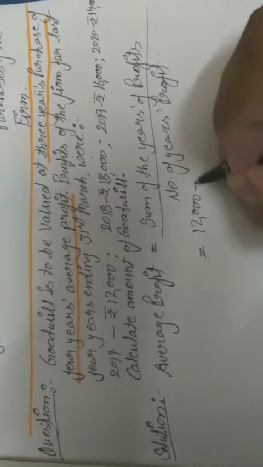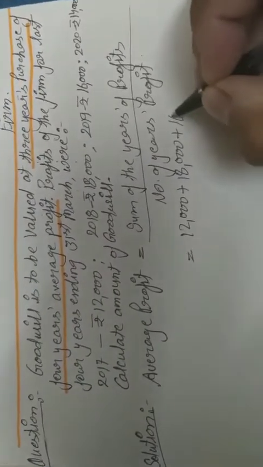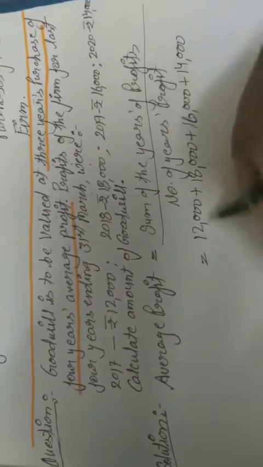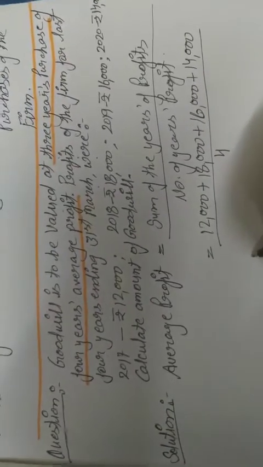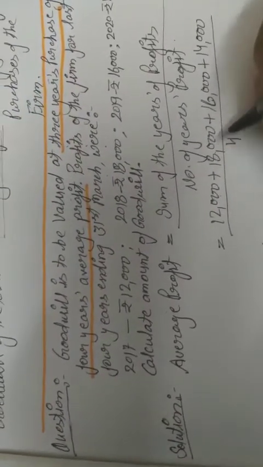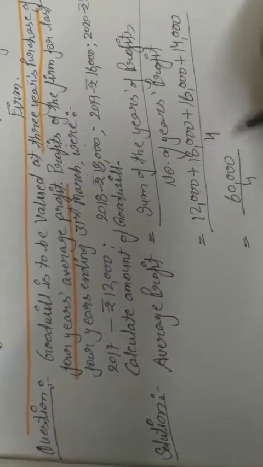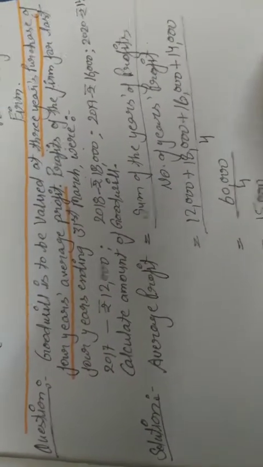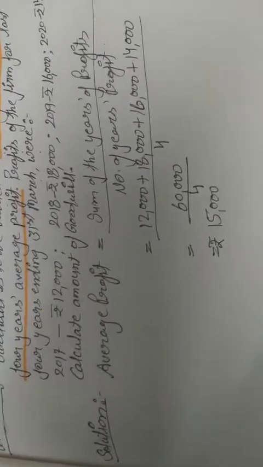So we will add 12,000 plus 18,000 plus 16,000 and plus 14,000 and divide it by 1, 2, 3, 4. The total of this is 30 plus 30, 60,000, divided by 4. It is equal to 15,000 rupees. That is the average profit. Okay, 15,000 rupees average profit.